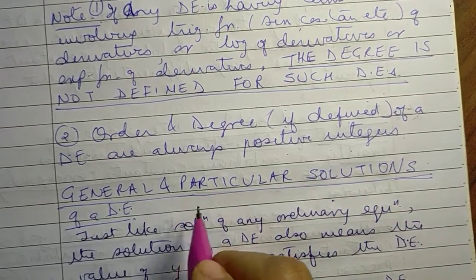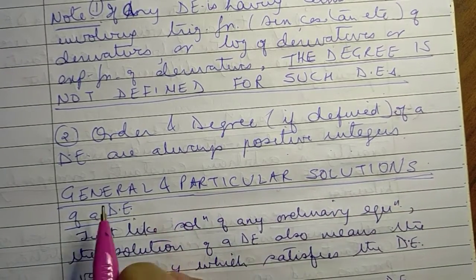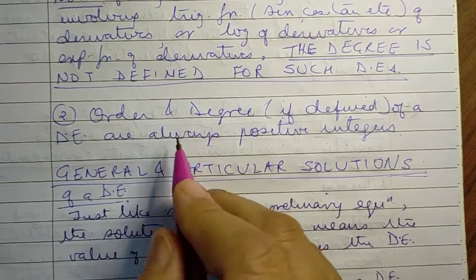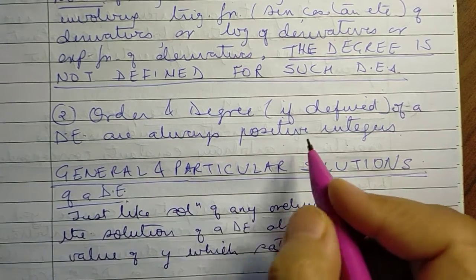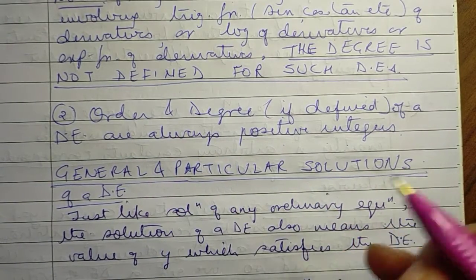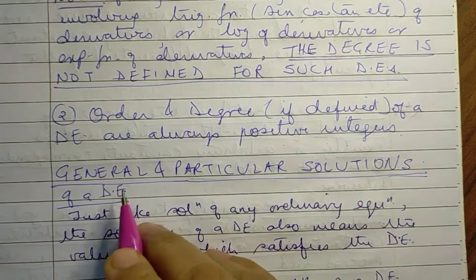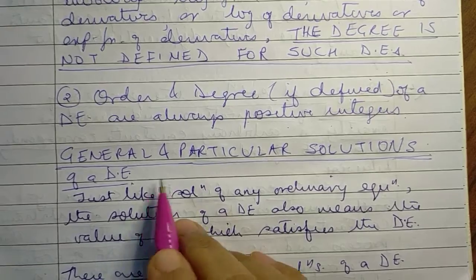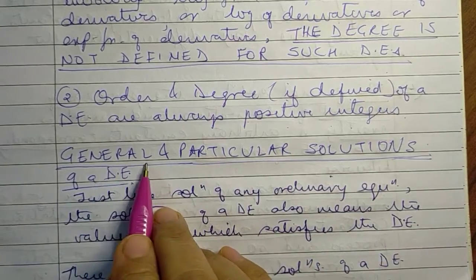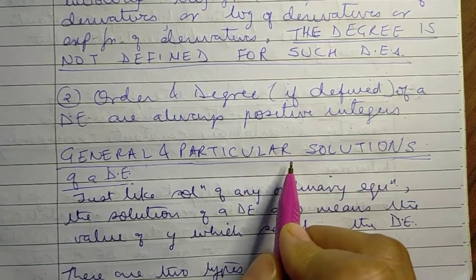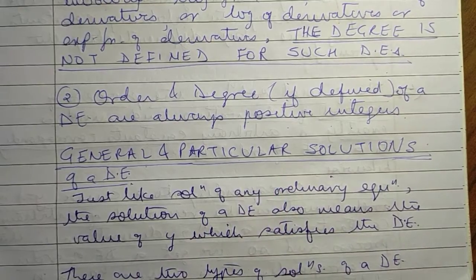Now the next thing which we have to see is the general solution. Now that we have a differential equation in our hand, the next natural thing is finding its solution. There are two types of solutions of a differential equation: one is called the general solution and the other is called the particular solution.